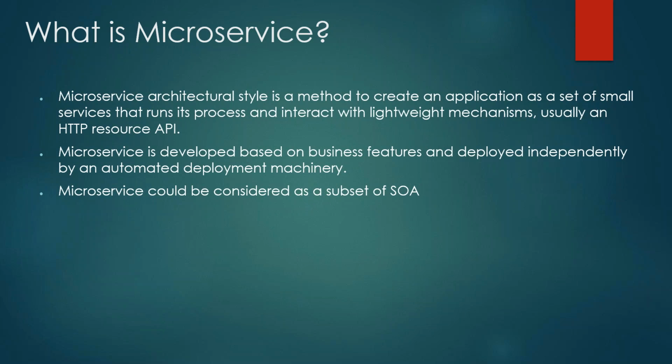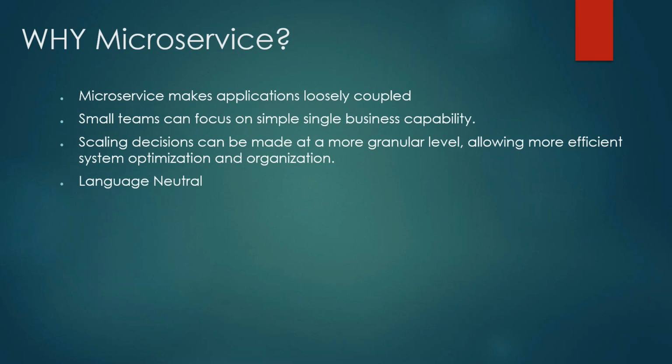So a microservice could be considered a subset of SOA. Some people define it as a subset of SOA, some say it supersedes that, some say it's a different architecture altogether, and we really don't want to go into that discussion. What we really care about is how we make sure that we follow microservices architecture. Good with it? To do that, we have to understand first why we need to do that.